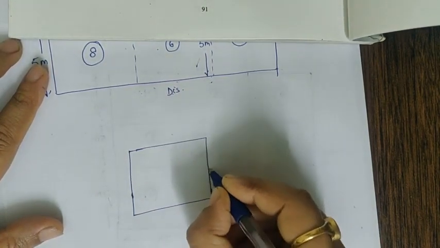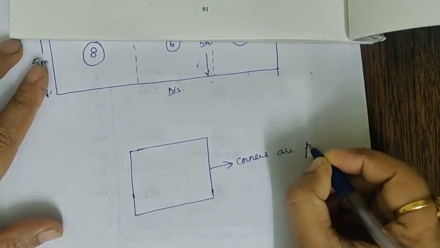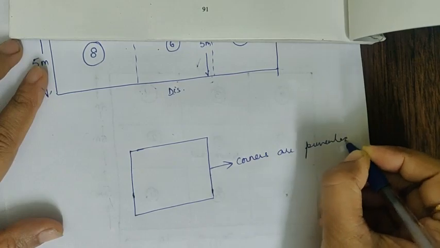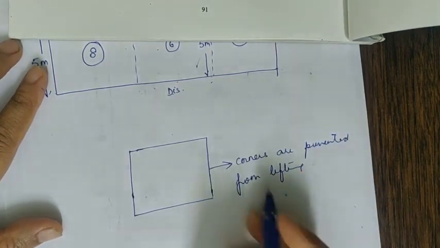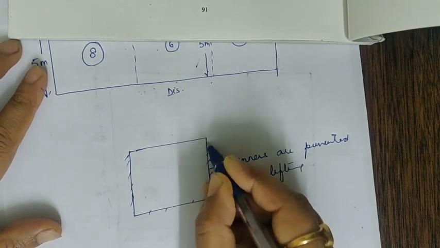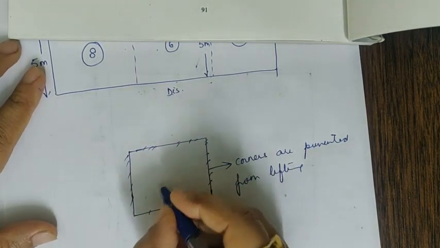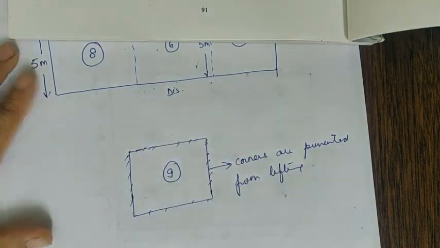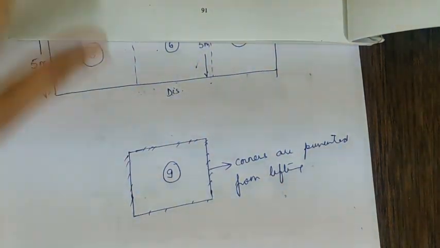So corners are prevented from lifting, on all the 4 sides, by having walls on top of it, but it is discontinuous on all the 4 sides. So this is case number 9. So this is how we can see which case the system will be following out of the 9 cases.